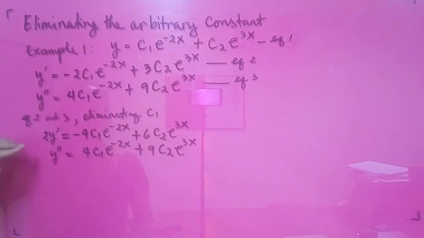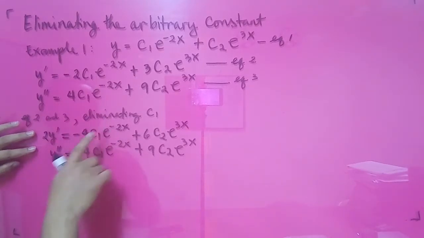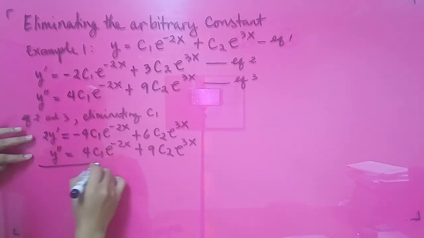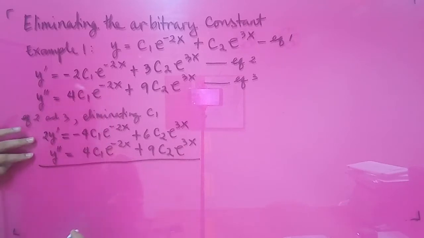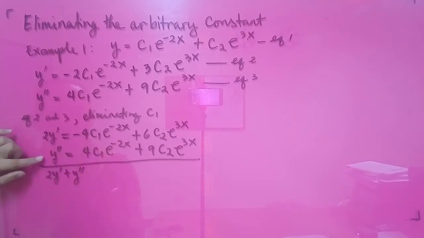Okay, now if we add these two equations, of course c sub 1 will be eliminated. This is negative 4 plus 4, that is 0. So we will just add these two equations. By adding these two equations, the result is 2y prime plus y double prime. This one.